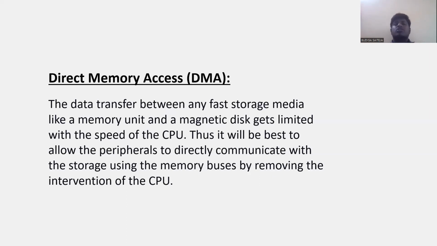Thus, it will be best to allow the peripherals to directly communicate with the storage with the memory buses by removing the intervention of the CPU. With this direct memory access, it removes the disturbance, and it will directly communicate with the storage with the memory buses by removing the intervention of the CPU.